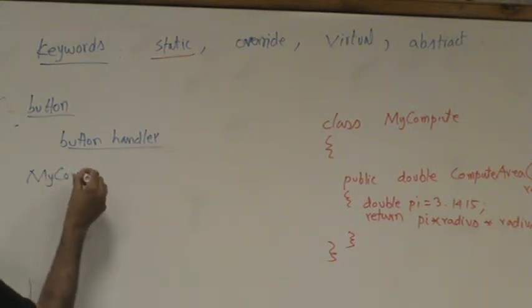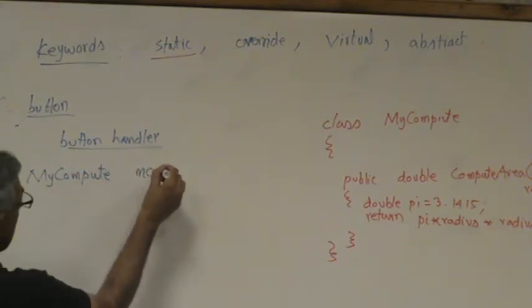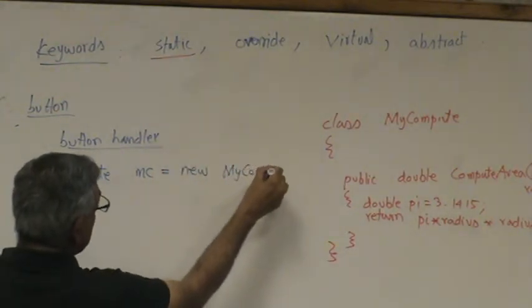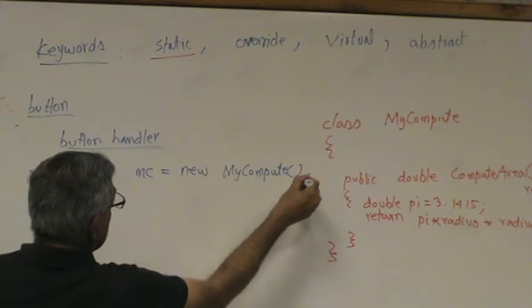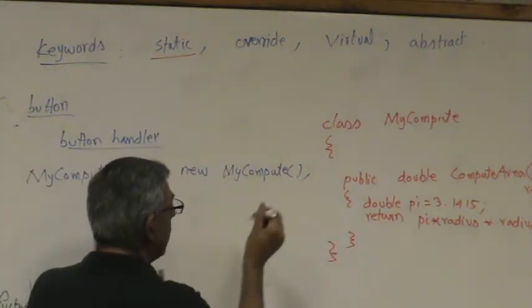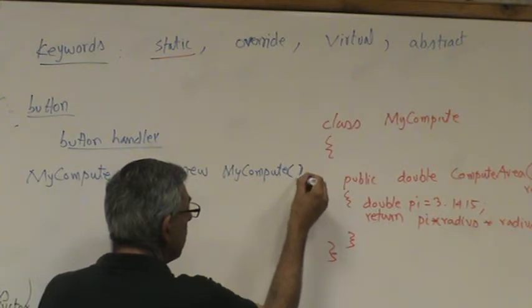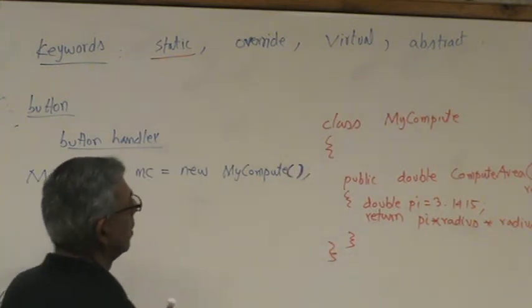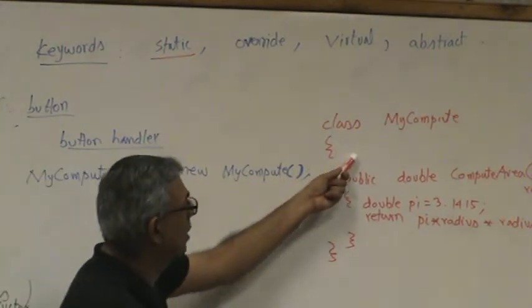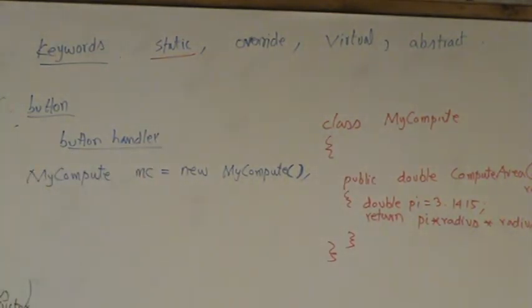So what will our code look like? MyCompute mc equal to new MyCompute. So let me ask you again, what's going on once we say new MyCompute over here? The default constructor is called, because we never wrote any constructor, right? And that default constructor doesn't do anything.